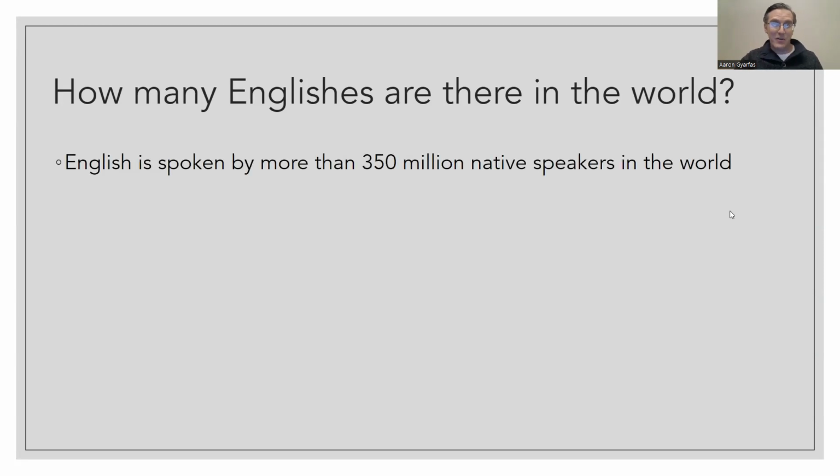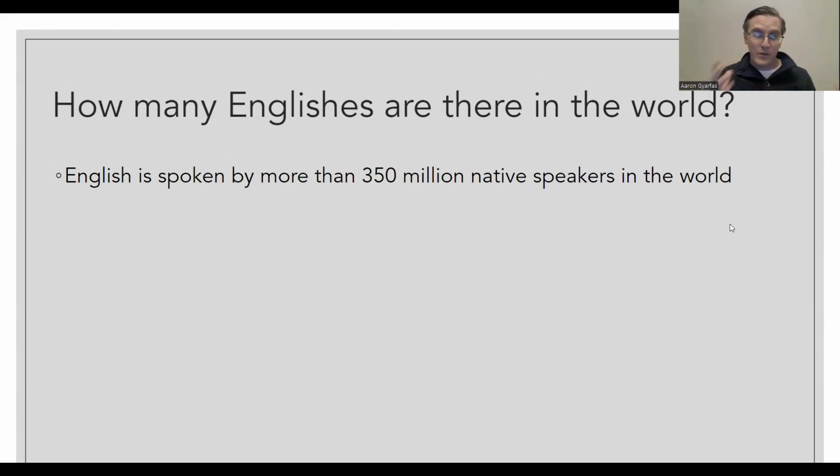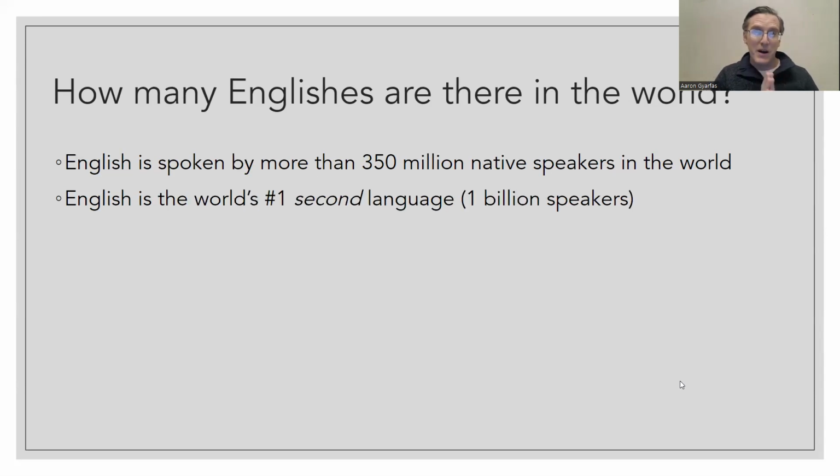Right? So English right now is being spoken by more than 350 million native speakers, right? So those are people who learn English first from birth, right? But there are 1 billion or so speakers who speak English as a second language or third language, right?